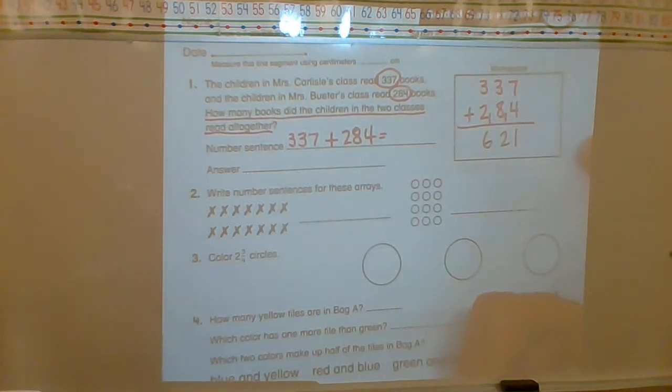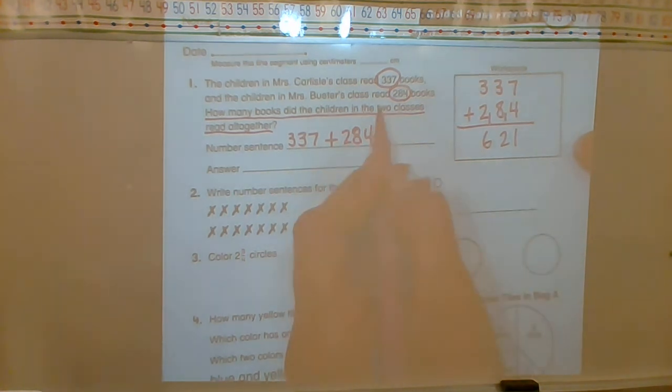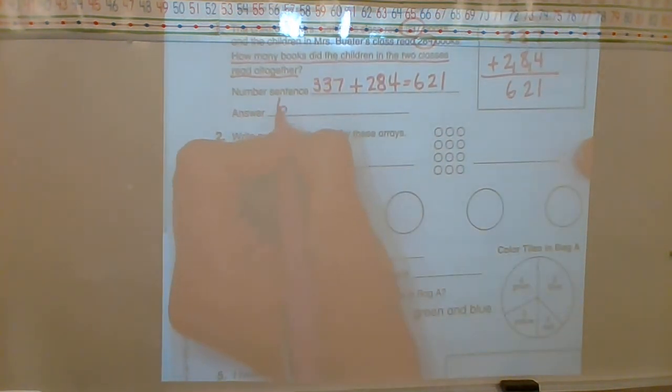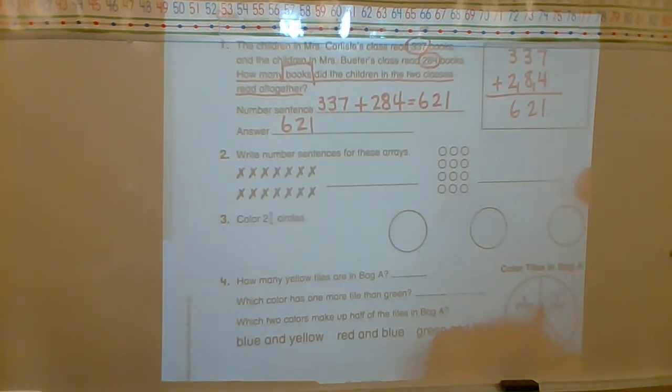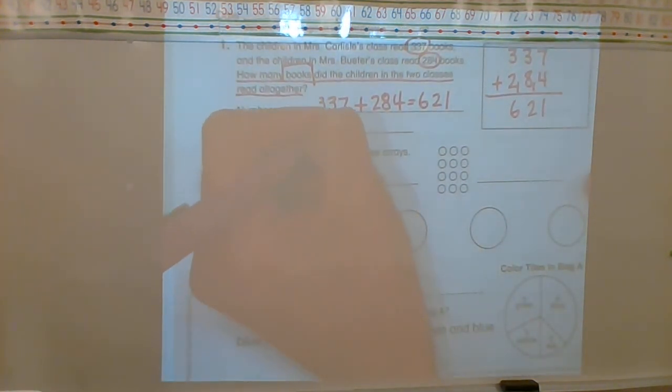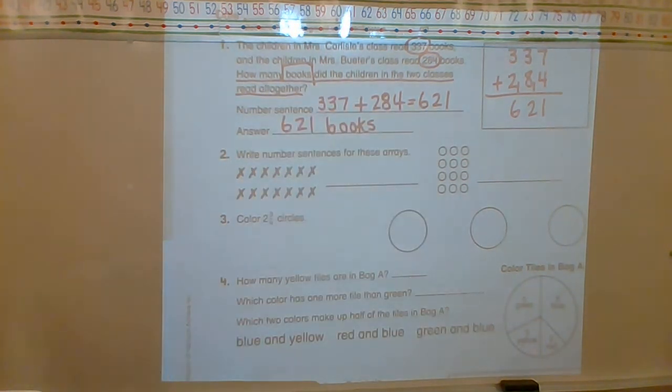So, how many books did the children in the 2 classes read all together? 621. Answer 621. What's our label? How many books? That's our label. Not children, not classes, but books.